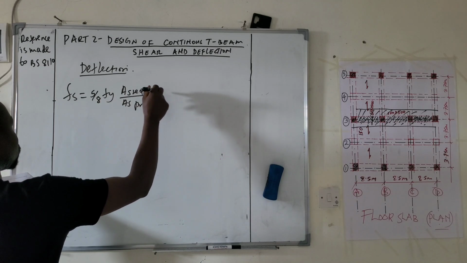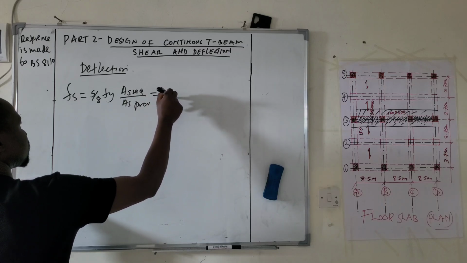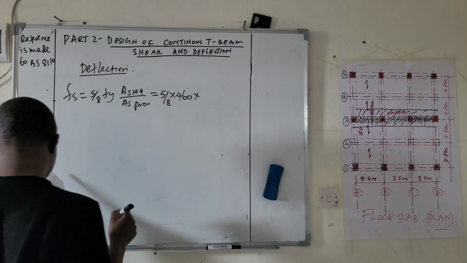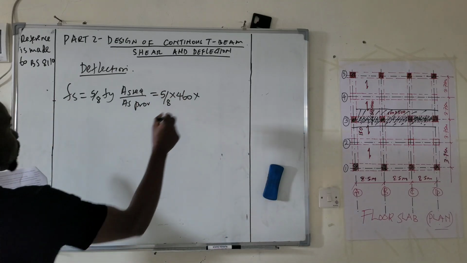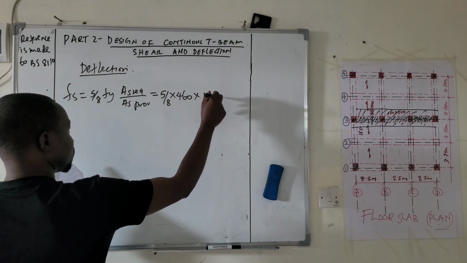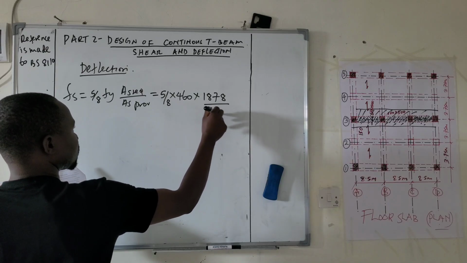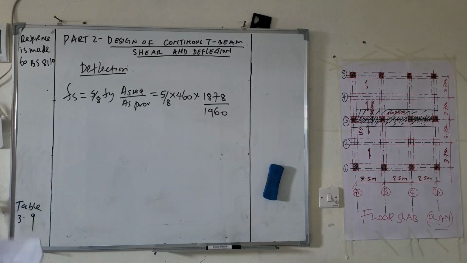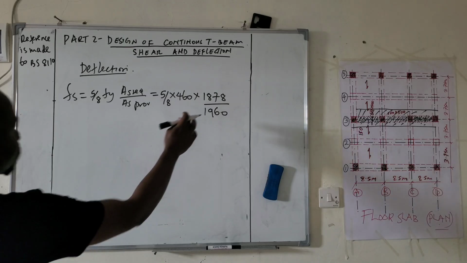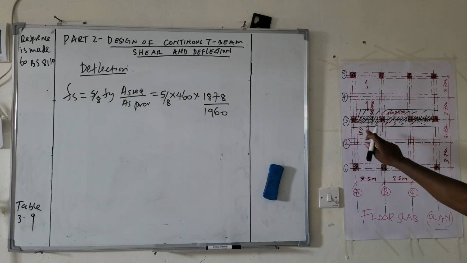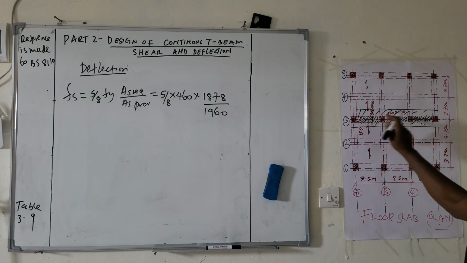So this one is equal to 5/8 times 460 times area of steel required, which is 1878 over 1960. This 1878, if you check in the first question for bending, you will see this one for the span that is critical, the exterior span.